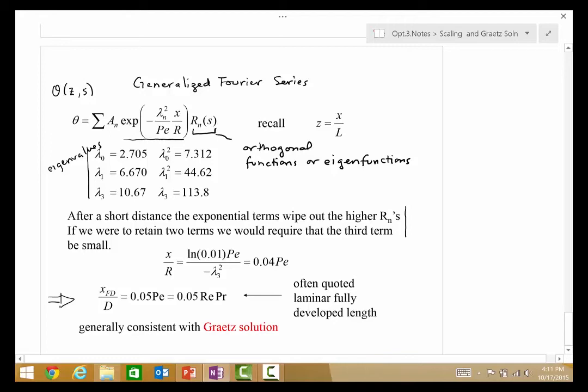So thermally fully developed is a truncation of the Graetz function series to really a one or two term approximation. So it means a smooth temperature profile.